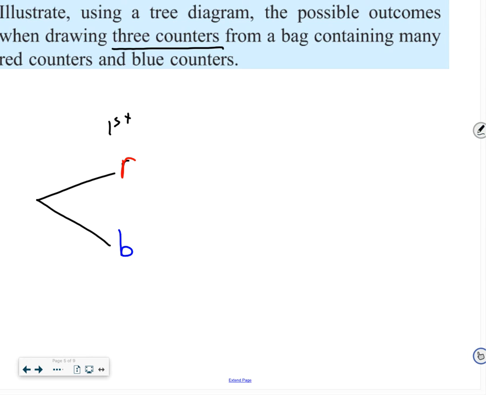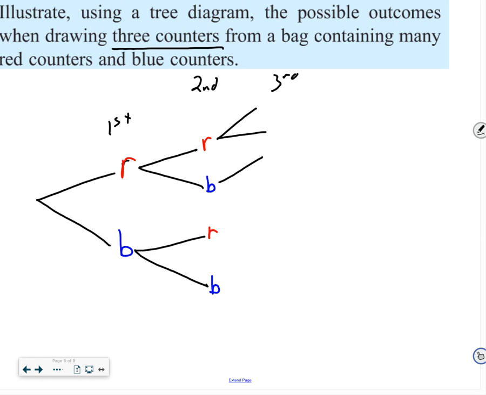Now for the second choice, each time I get another branch, I could get a red here, or I could get a blue here. After that, I'm going to pick a third counter out of the bag. And so each one gets a branch, 1 and 2, 1 and 2, 1 and 2, 1 and 2.